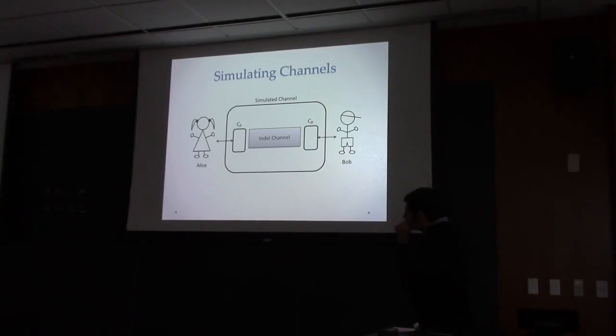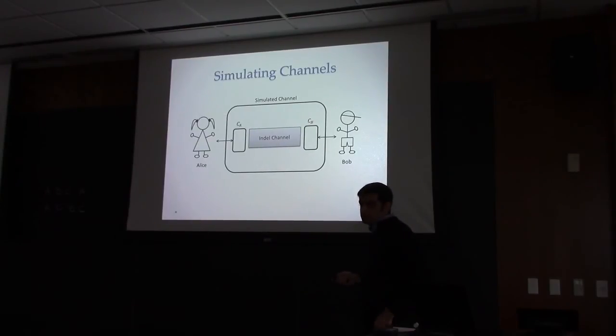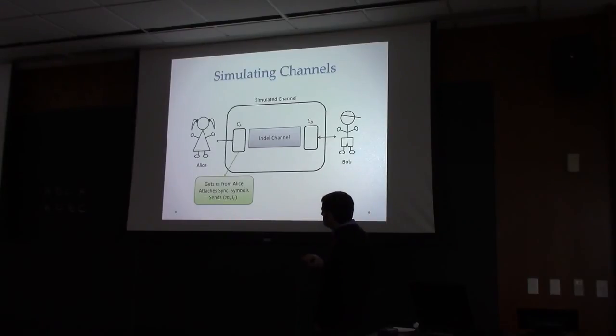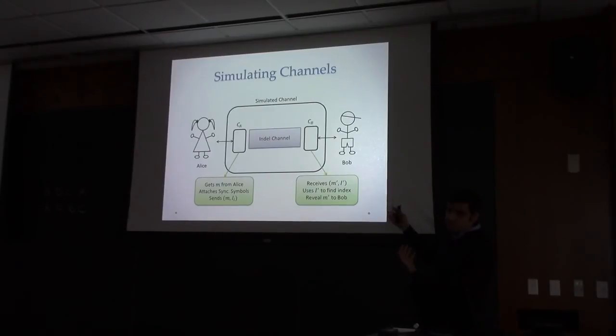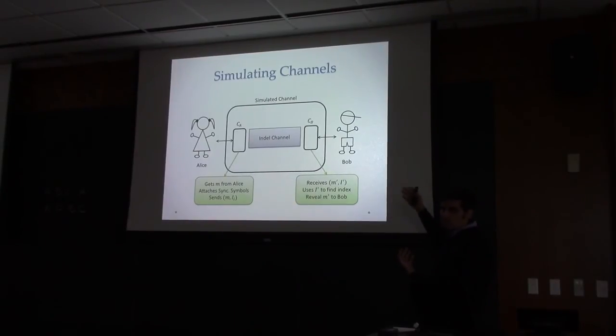So what I'm going to tell you right now is how these two agents are going to work. What they do is pretty simple. The sender just receives symbols from Alice and then attaches some synchronization symbol to that and sends it through the channel. On the other side, the receiver does the same thing that Bob was supposed to do in the previous slides.